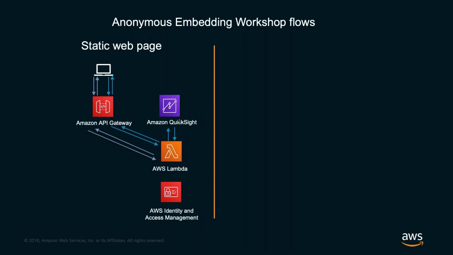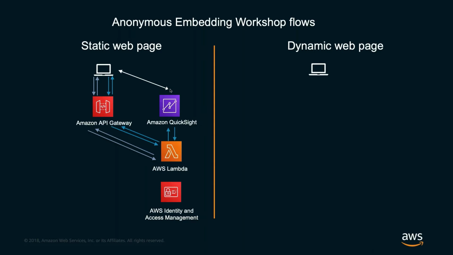Now we can make it a little bit simpler in the dynamic flow. We are going to use the same components. And what this showed here was the last part that I mentioned about the URL being embedded into that div and the content being pulled from QuickSight and the dashboard being displayed. Now onto the dynamic web page.